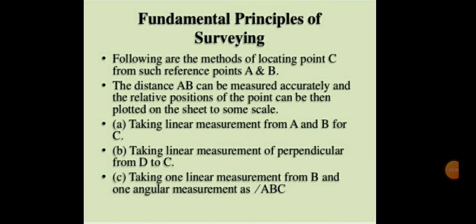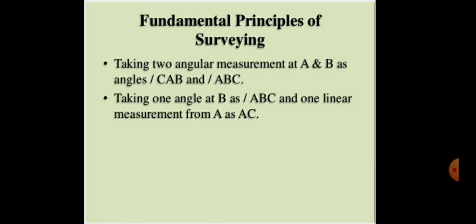So these are the different points which are to be considered. The options are: taking linear measurements from A and B to C; taking a linear measurement of the perpendicular from D to C; taking 1 linear measurement and 1 angular measurement; taking 2 angular measurements at A and B, angle CAB and angle ABC; and taking 1 angle at B, angle ABC, and 1 linear measurement from A as AC.